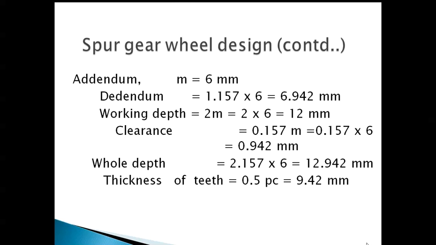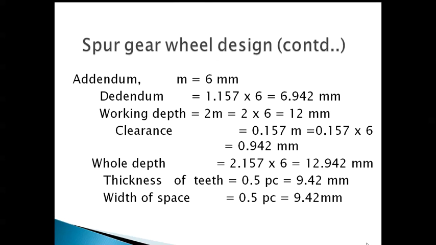And the thickness of teeth is 0.5 Pc, where the circular pitch Pc is 18.84. Then the thickness of the teeth is 0.5 into Pc, that is equal to 9.42 mm.